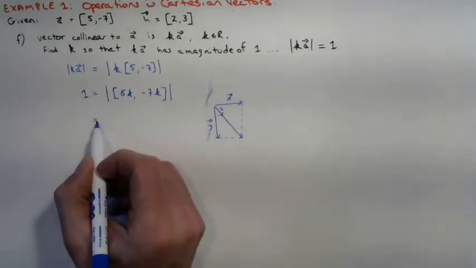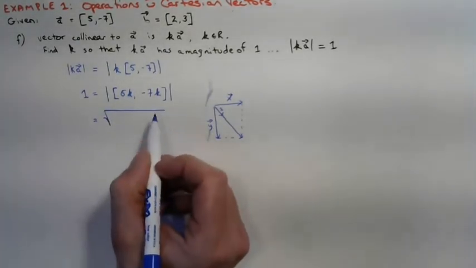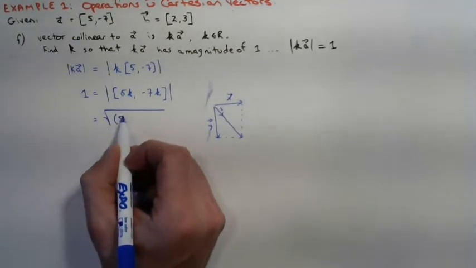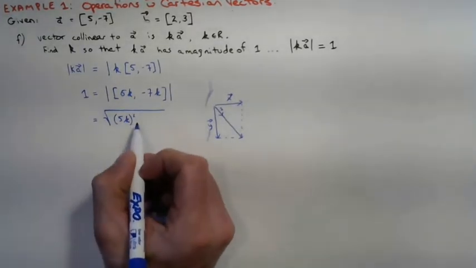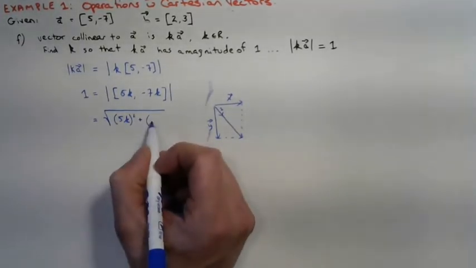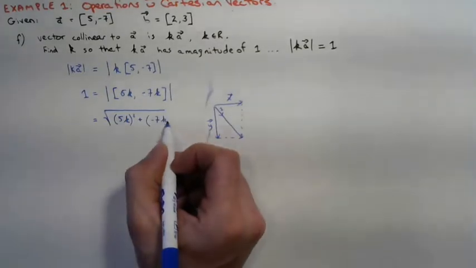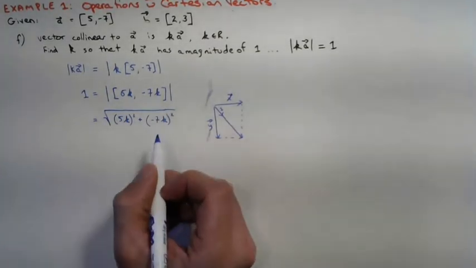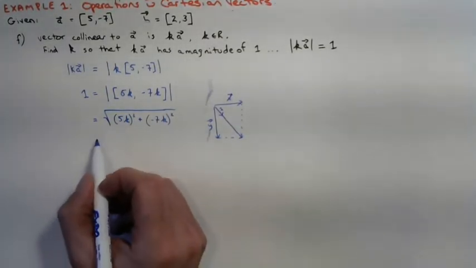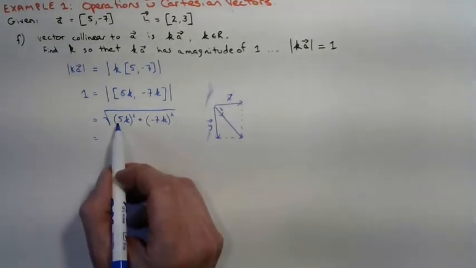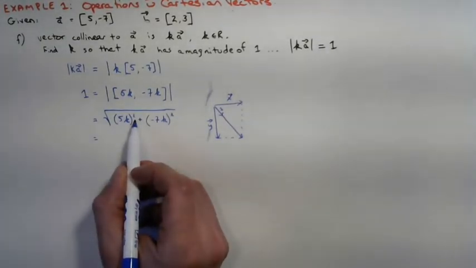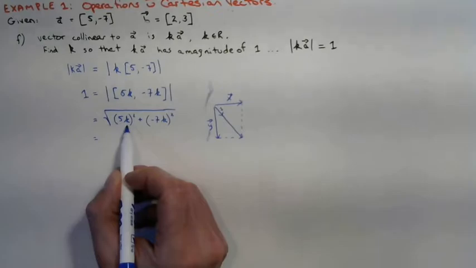I'm going to take the square root of the square of 5k, and add the square of -7k. When we do this work, the square applies to the numerical value and the variable.